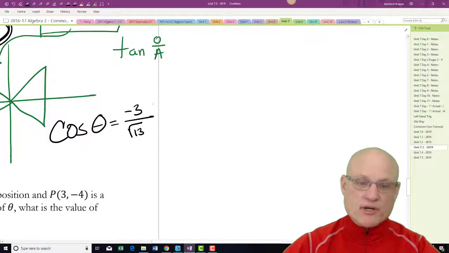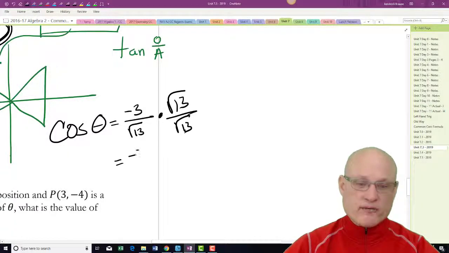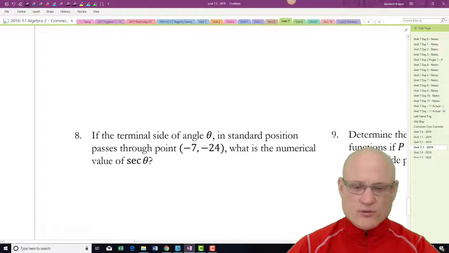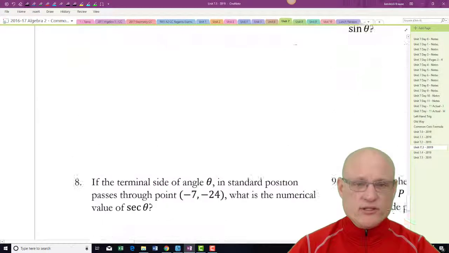So we have to multiply by the square root of 13 over the square root of 13. Are you getting good at multiplying by that? Probably getting good at this by now. Negative 3 square root of 13 over 13. All right, what do we got left? 2 left, or 3 left? Oh, 4 left. Crazy. 4 left.